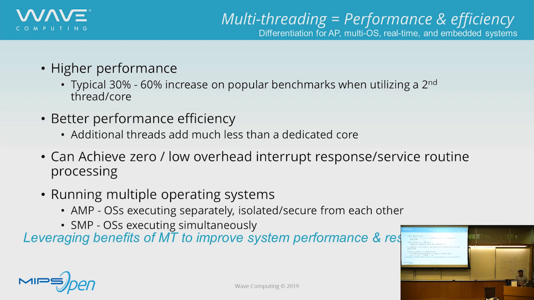So multi-threading provides a lot of different ways to benefit from improving throughput and utilization of your instructions. As a result, you can either get headroom or lower your power, and you also get faster response time.